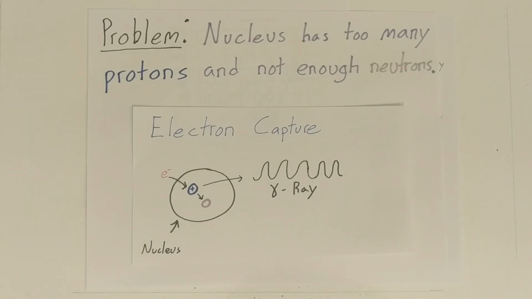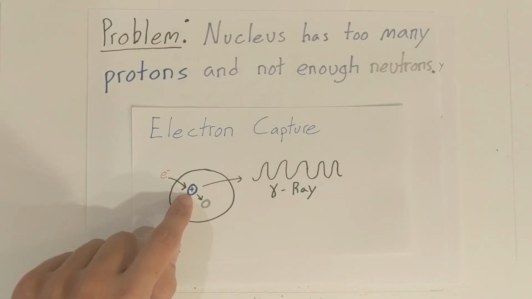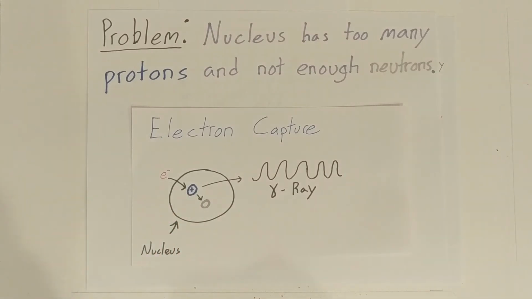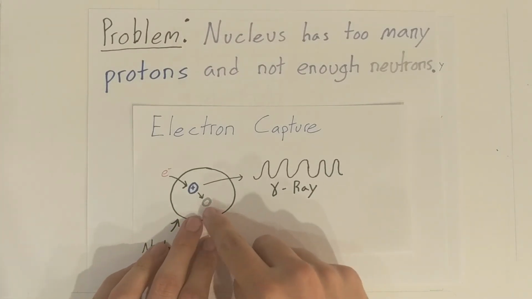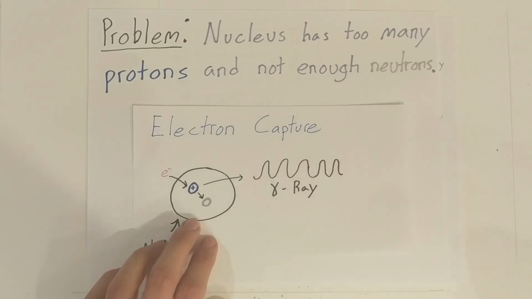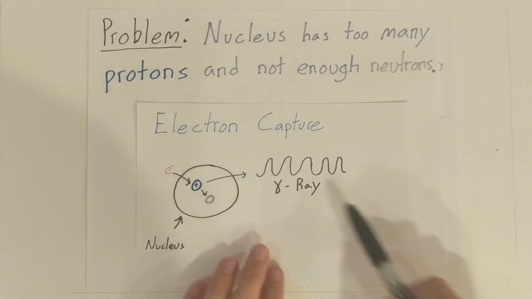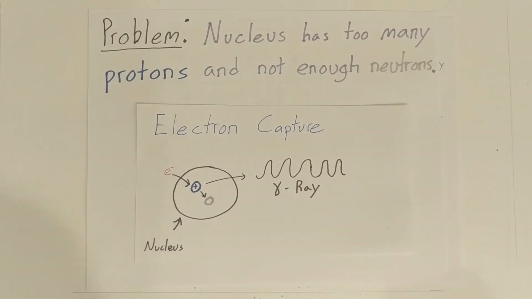And this is where a nearby electron that's close to the nucleus gets grabbed up by the proton and those charges neutralize, and that proton becomes a neutron then, and it emits electromagnetic radiation, either as an X-ray or as a gamma ray.